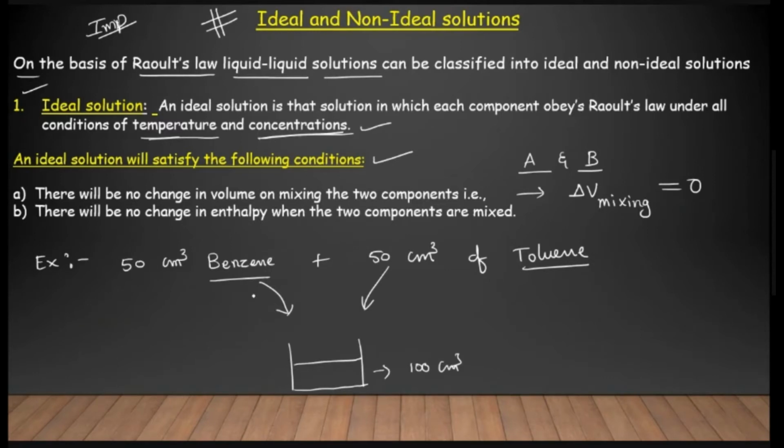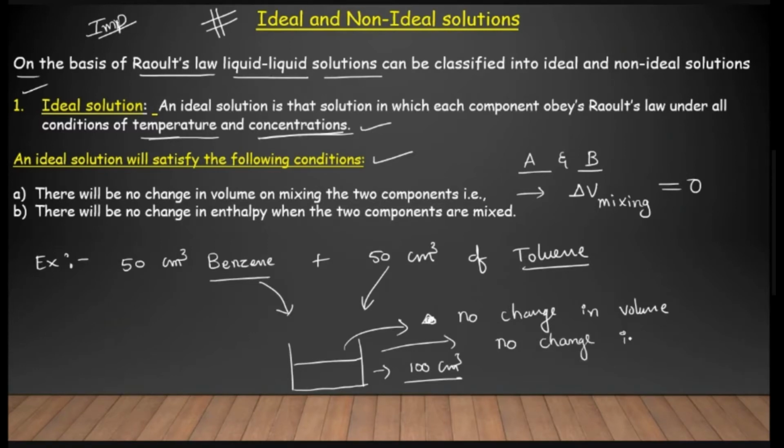When you mix both these components, you get a mixture of benzene and toluene, where you can see there is no change in the volume. You're going to get exactly 100 cm cube of total solution, and also there will not be any change in the enthalpy.